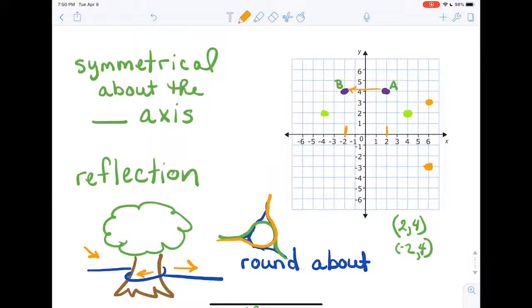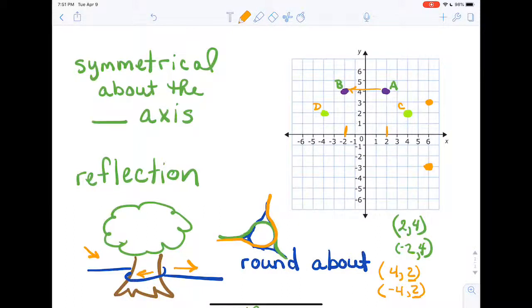Let's take a look at the light green. So the light green, we'll say this is point C, and we'll say this is point D. So these are at 4, 2, and at -4, 2. Oh, wait a second. They both have the same coordinate from that y-axis. So they both are on 2.